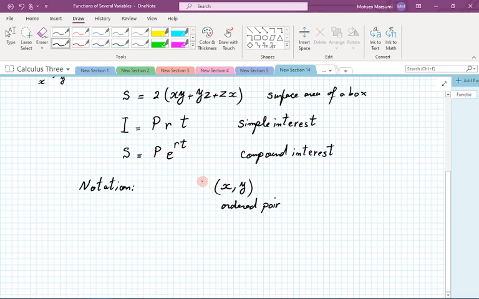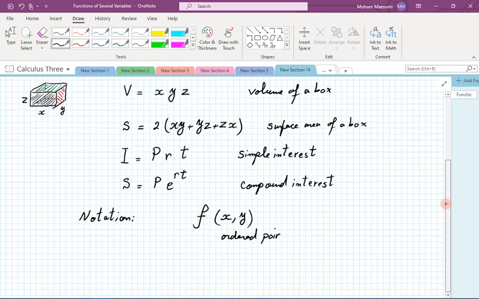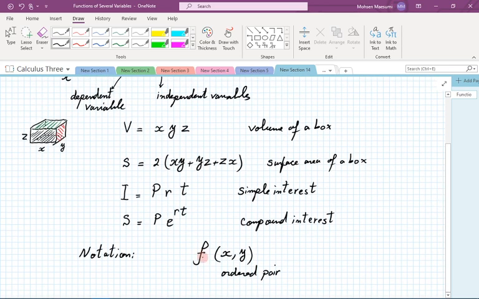Then you have the name of your function. So the name of a function is abbreviated to a single letter in mathematics. Typically engineering uses a lot more letters than that. But, well, you have to specify what it is that you have in your mind. The name of your function is going to be called f. So f could represent any one of these things. Could have been volume, could have been surface area when you have three variables, and so on.